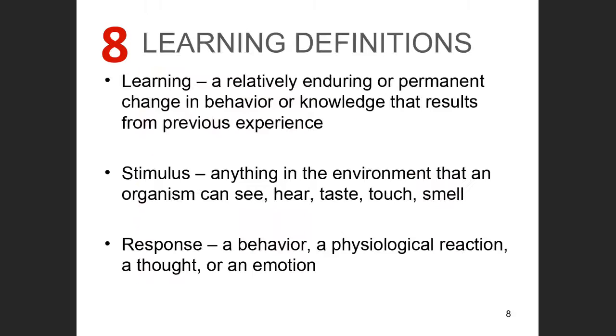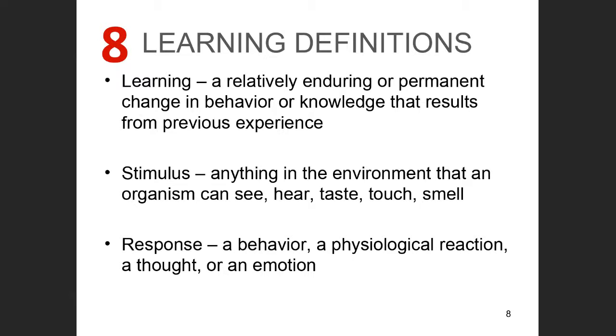All right, so with learning, as I said, it's a permanent or at least enduring pattern of change in behavior that's a result of knowledge or experience, or you get a gain in knowledge.